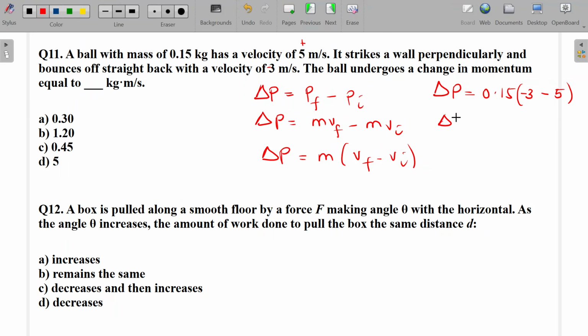As a result, the change in momentum is 0.15 times negative 8. It's going to give me 1.20 kg·m/s.